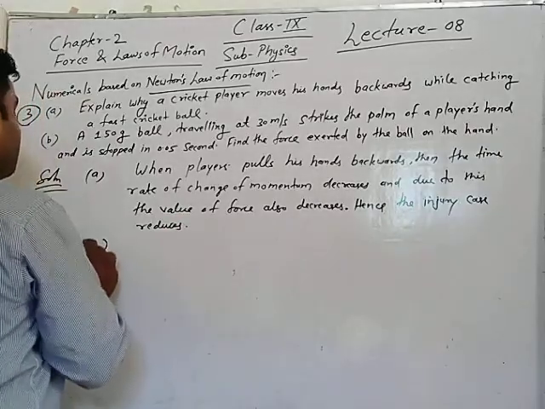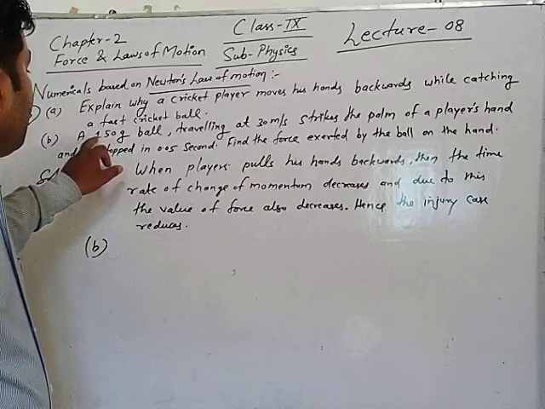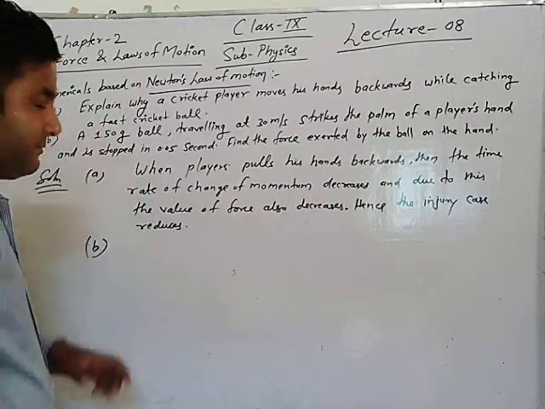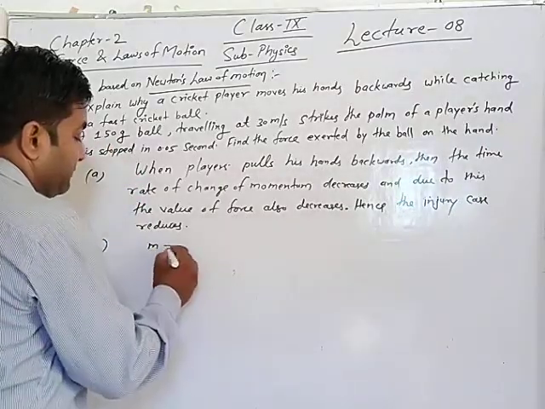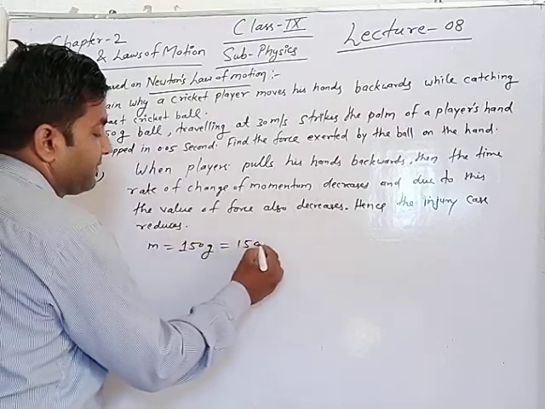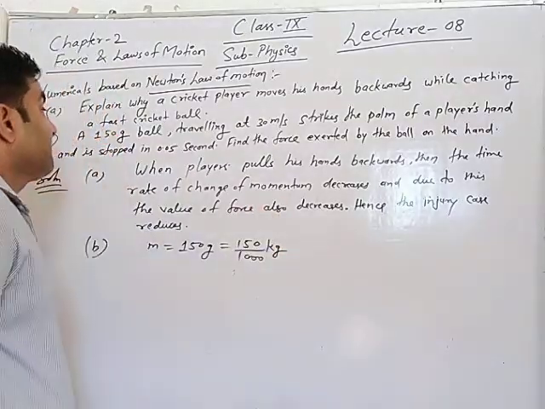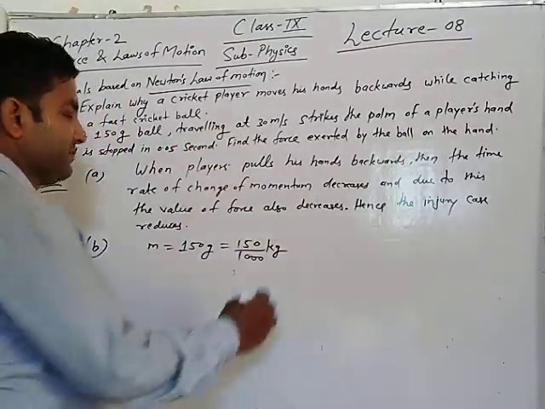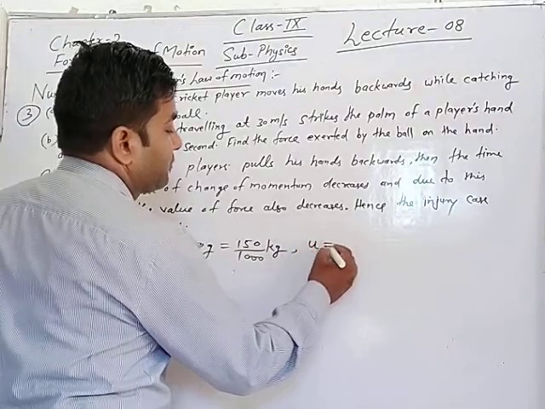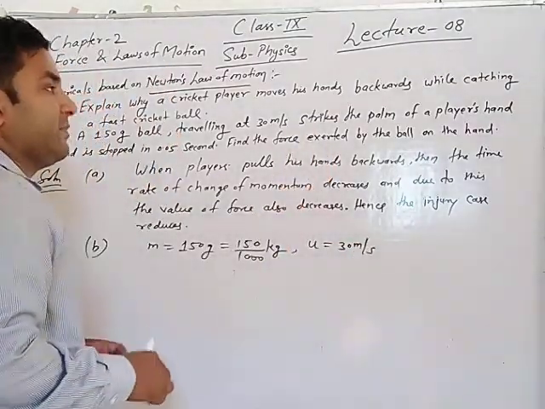And the B part of this question, very easy solution. A 150-gram ball, mass of ball given, that is 150 gram. So 150 means 150 upon 1000 kilogram. Traveling at 30 meter per second, u is equal to 30 meter per second, strikes the palm.